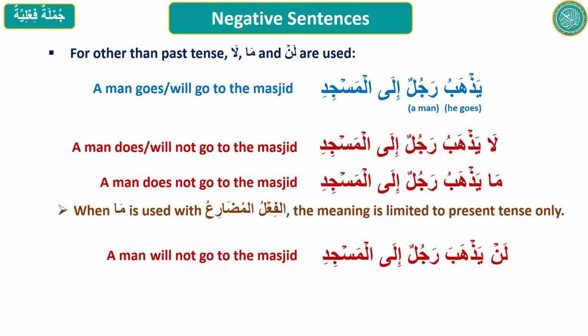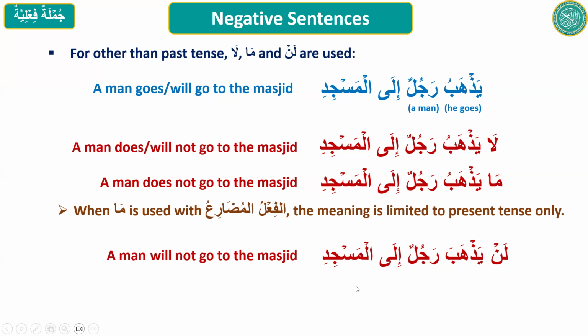But when ma is used, it is limited to the present tense, and when lan is used, it is limited to the future tense, and it also makes a change to the al-fi'l al-mudari. And it's a very strong negation too. Yeah, lan is a strong negation. Like you could also translate it like a man will never go to the masjid. All right.